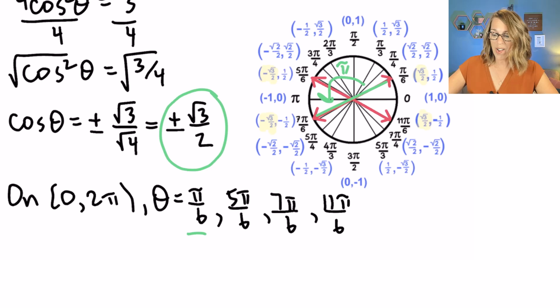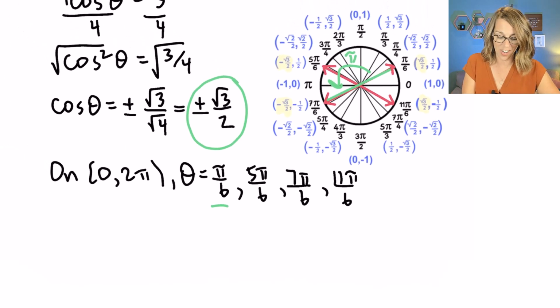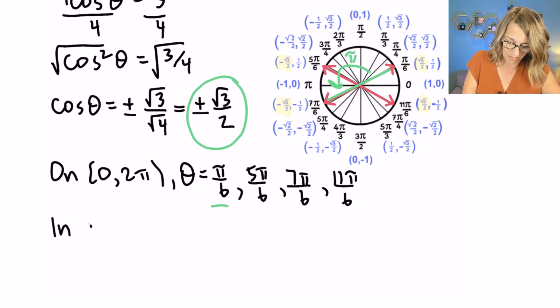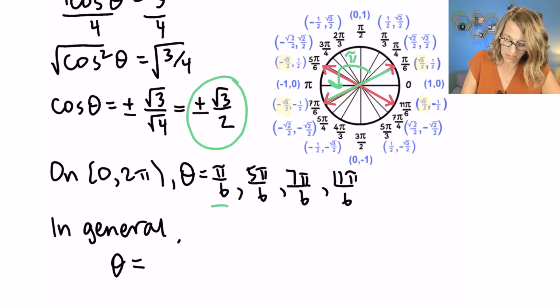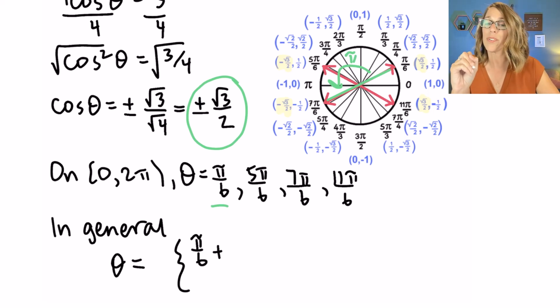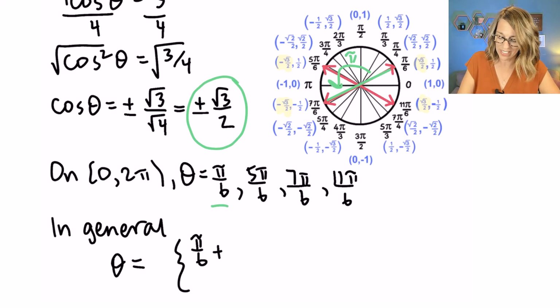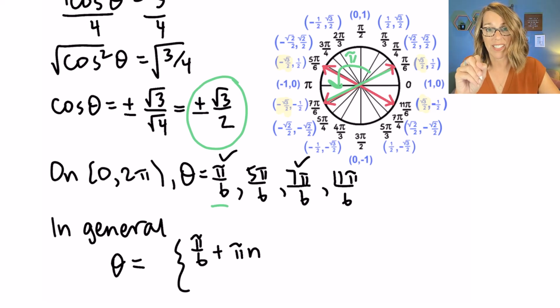So as I'm writing out my solution here in general, theta is equal to, I'm going to take that pi sixths and add multiples of pi this time. So plus pi n, and that takes care of my pi sixths and my 7 pi sixths.